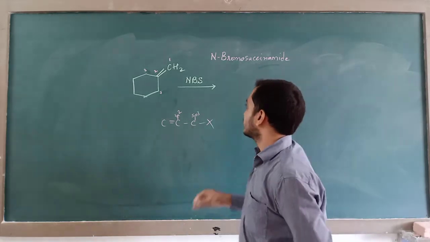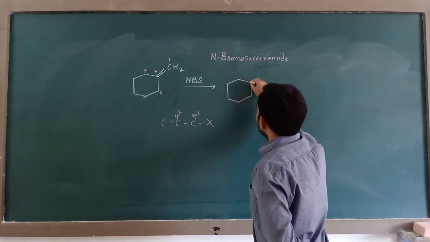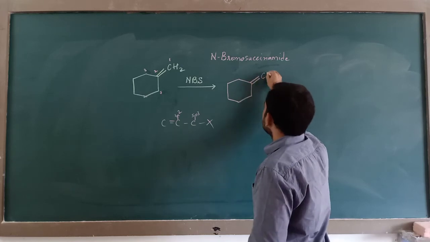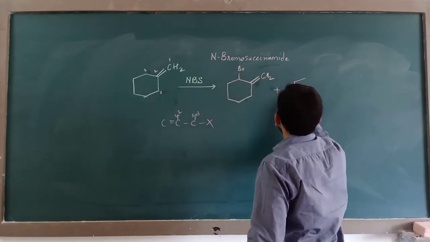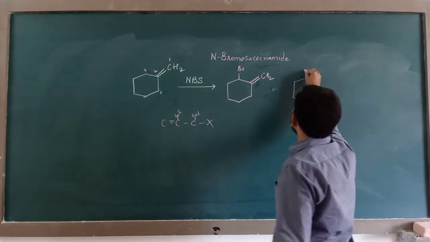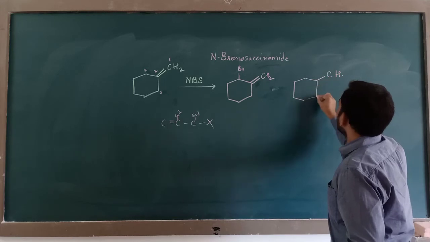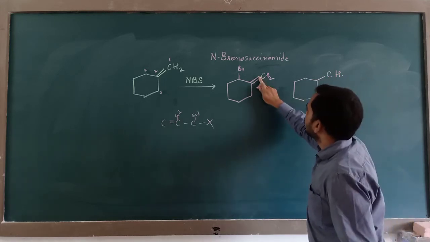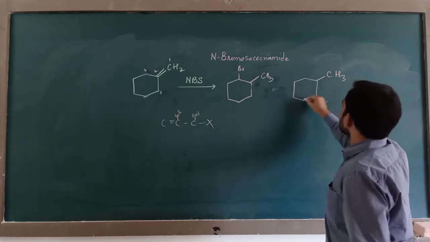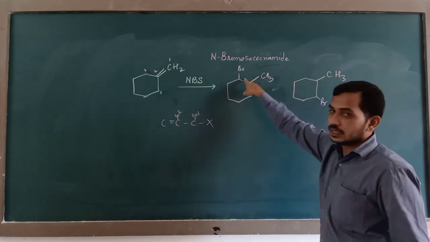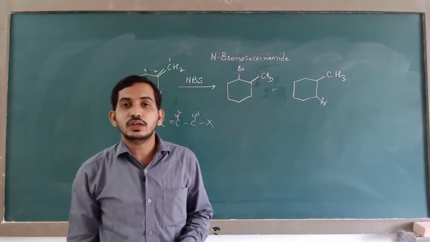Understood? So for that, the correct option should be, this is as it is CH2, either bromine should be here or here. Sorry, while brominating this becomes single bond. So either here or here. You find out if any such option is given there, then it is your correct answer.